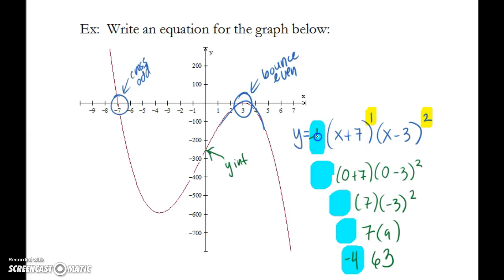So if we put negative 4 in as our leading coefficient, then when we work through for our y-intercept, we get a negative number that corresponds to the y-intercept on our graph. We also knew that that had to be negative because the end behavior is up, down, and only negative leading coefficients would yield that end behavior.